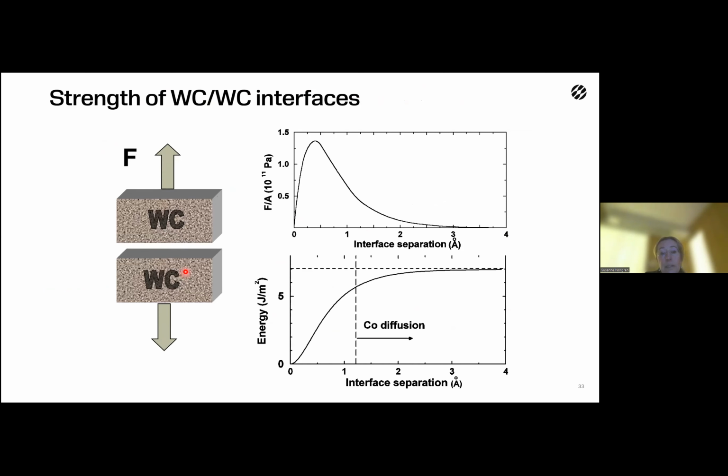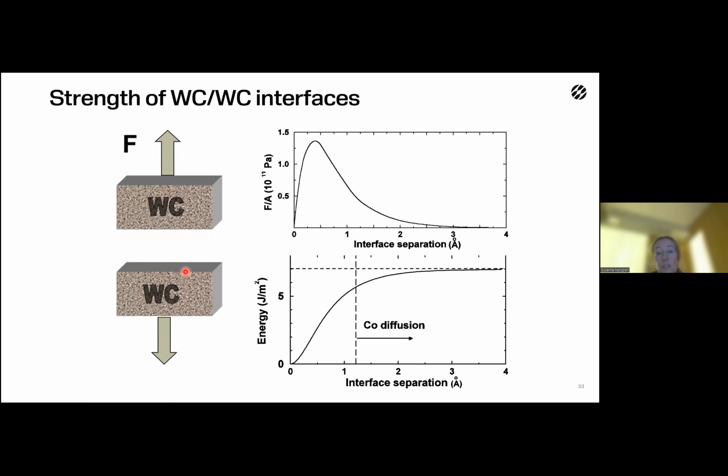So why does this matter? This matters, of course, because if we can have an impact on the strength of the tungsten carbide interfaces, we can also design materials that would require a higher force to separate the grain boundaries, and thereby, for instance, make materials that are less prone to plastic deformation.